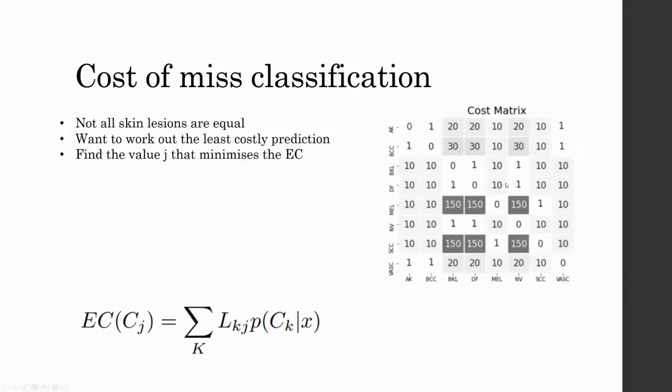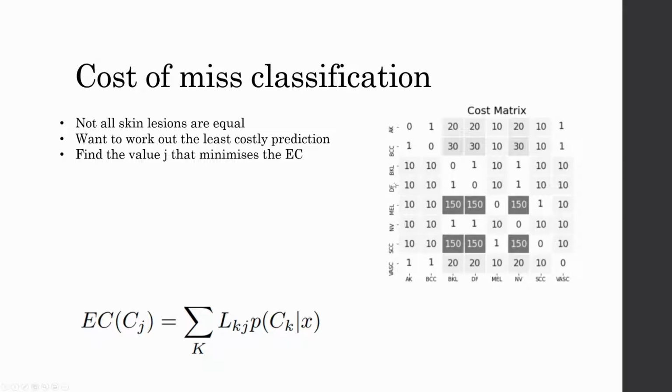So obviously we want to use our probability distribution to get the expected cost values and then predict using the lowest expected cost. So we have this sum down here, and the lowest expected cost value is the value of j that minimizes the expected cost. So let's say that we have our prediction here. Our prediction is 8 different predictions, and we want to see how costly that is.